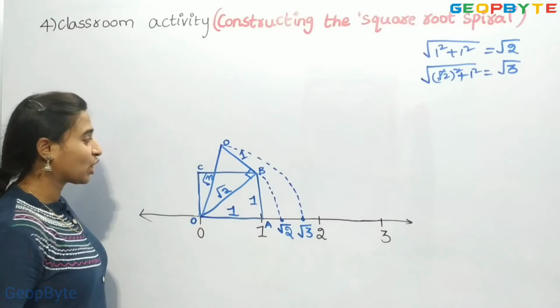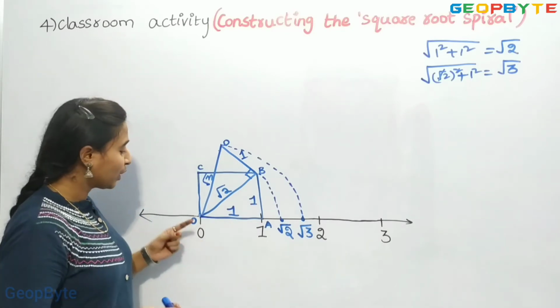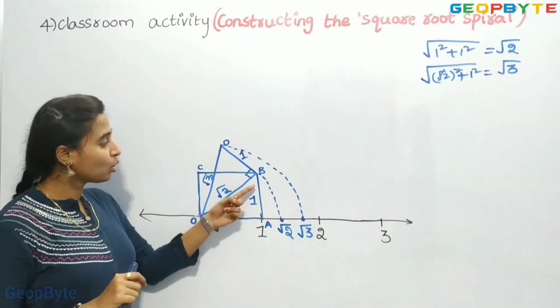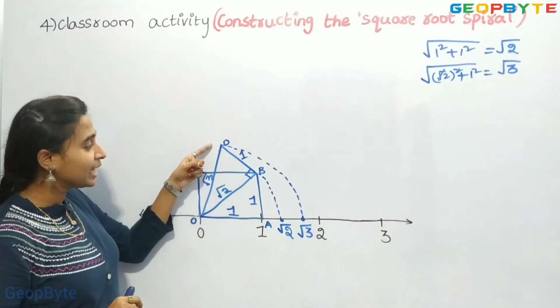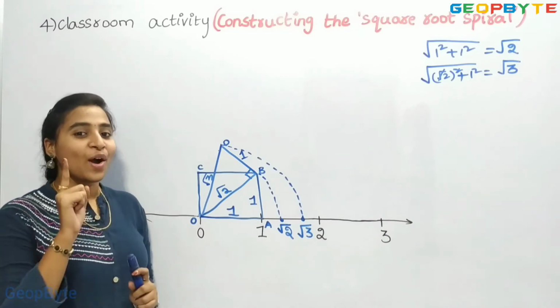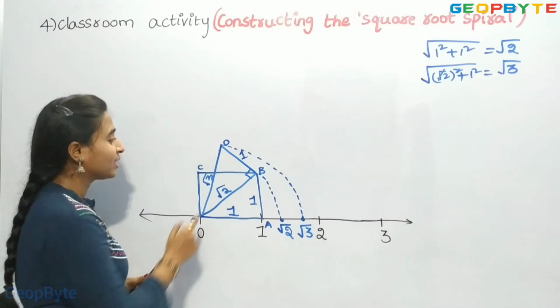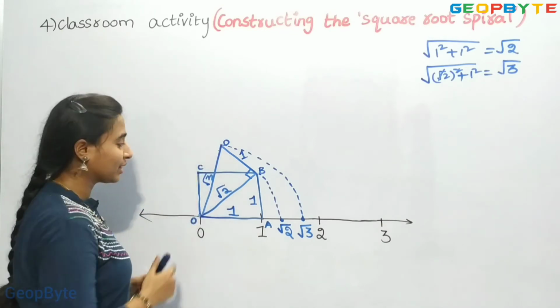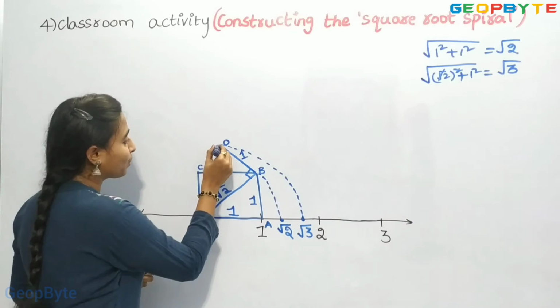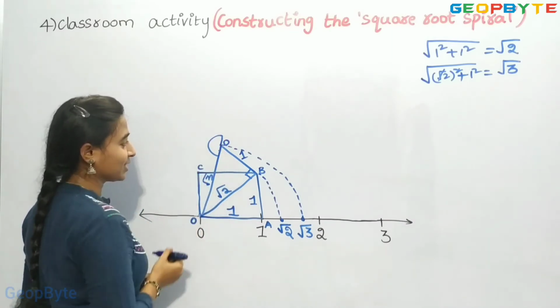Now let us draw a perpendicular line to OD, as we have drawn for OB, that is BD. Similarly, let us draw a perpendicular line of unit length, that is 1 unit length, for OD. Let us put a protractor like this.